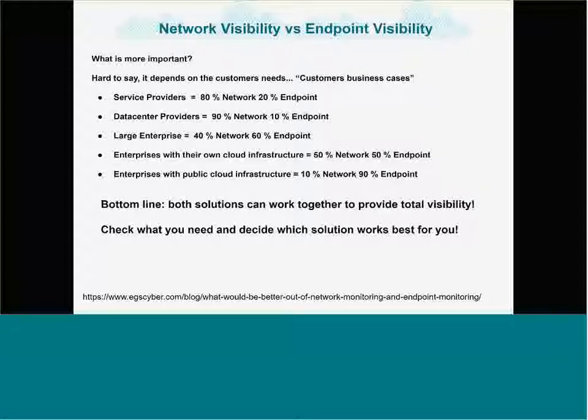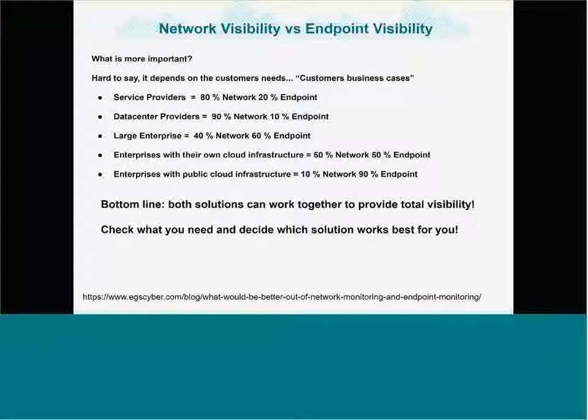I did some explanation of the pros and cons of network visibility versus endpoint visibility. A service provider needs 80% network visibility, maybe 20% endpoint visibility. Large enterprise customers, 40 to 60.